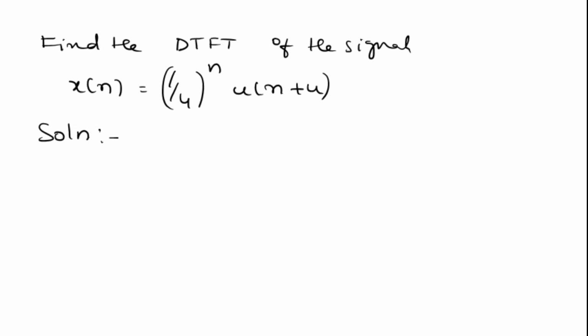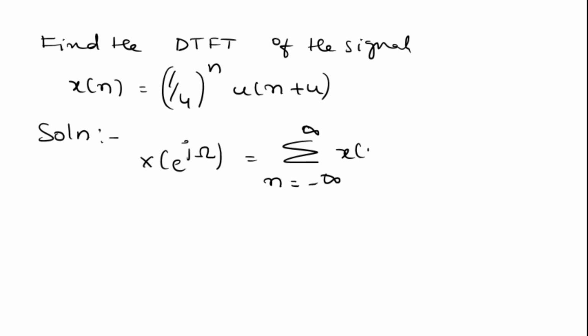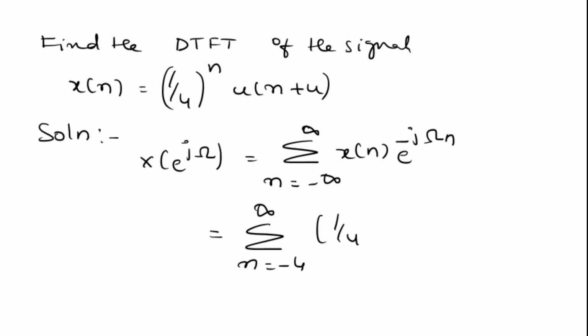We know that X of e power j omega is equal to summation n is equal to minus infinity to infinity x of n into e power minus j omega n, which is equal to summation n is equal to minus 4 to infinity 1 by 4 to the power n into e power minus j omega n.